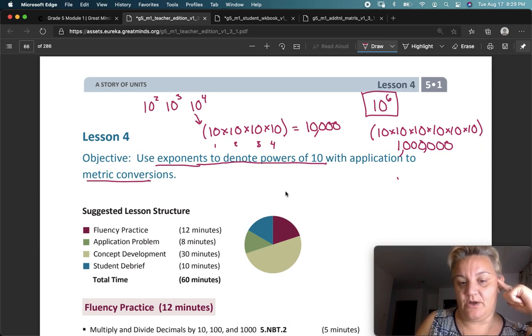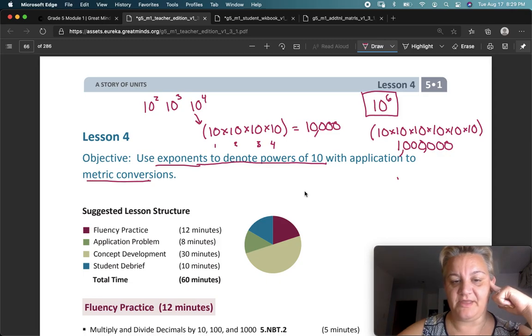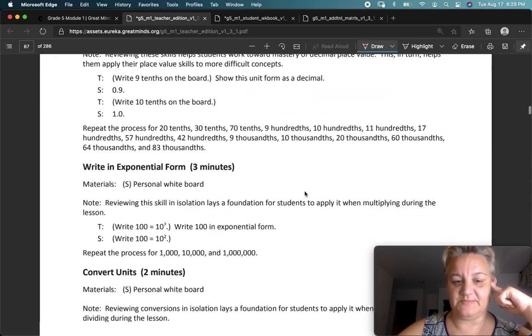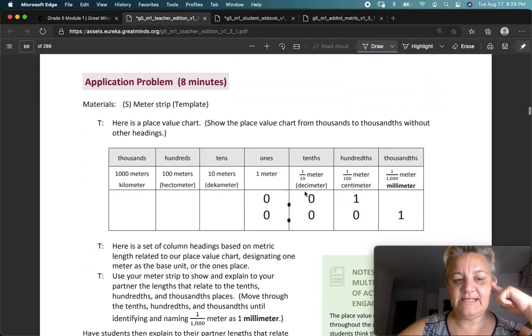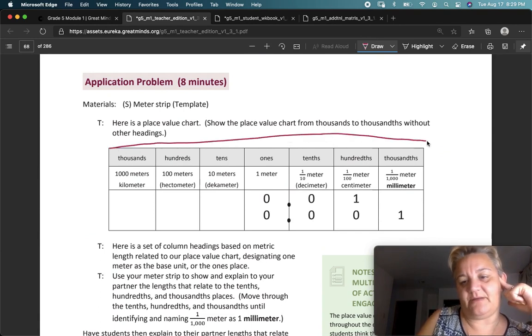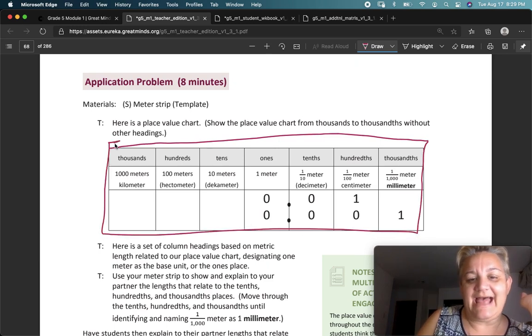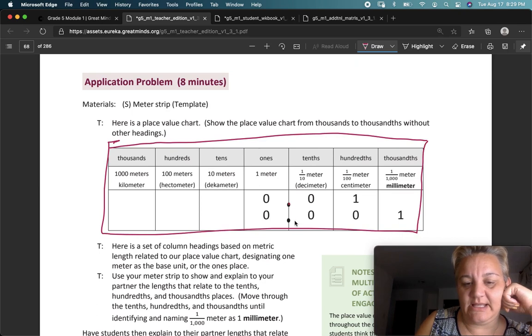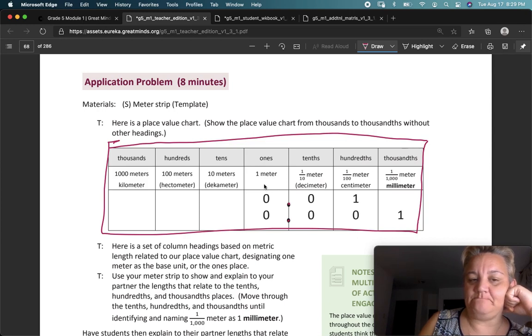Okay, so what do I want to show you? I want to show you one more thing on this page before we go to the problem set. This is a template. What I'm showing you is how, just like in our numbers and our place value, we can use this to find metric units.